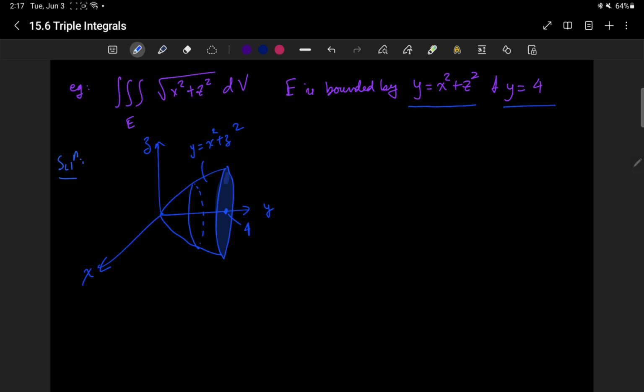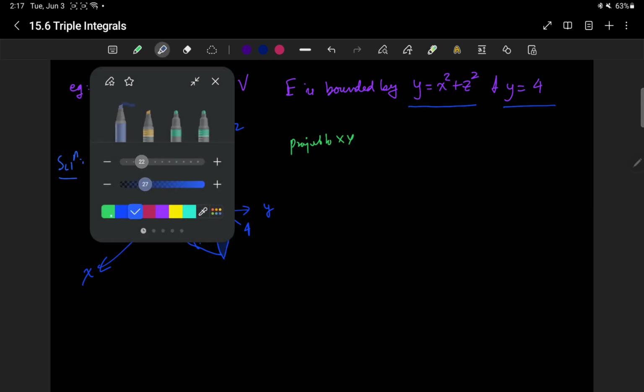And let's suppose we project it to the x-axis. So we have two different borders of this equation, so to speak. And let's suppose I project it into the xy plane. If I project this to the xy plane, what I get is a parabolic region here.